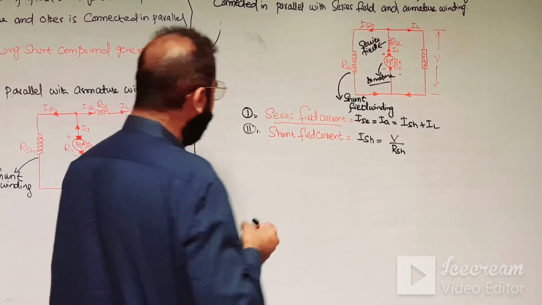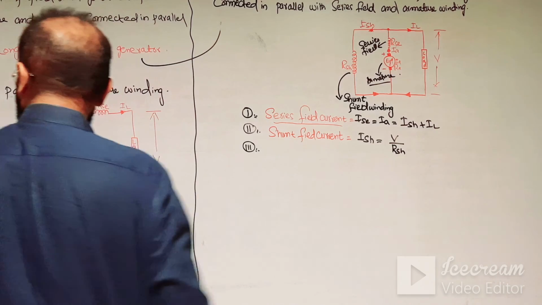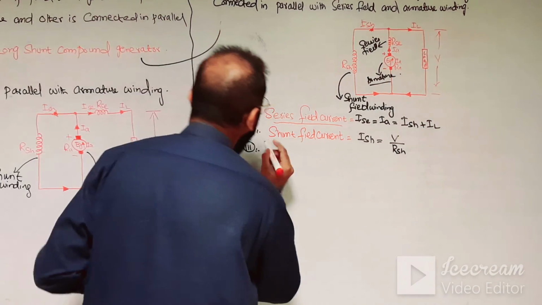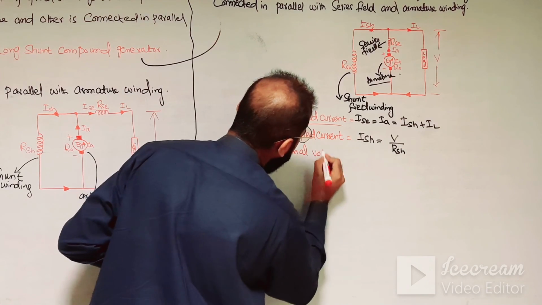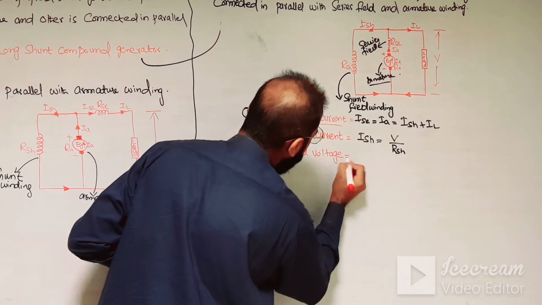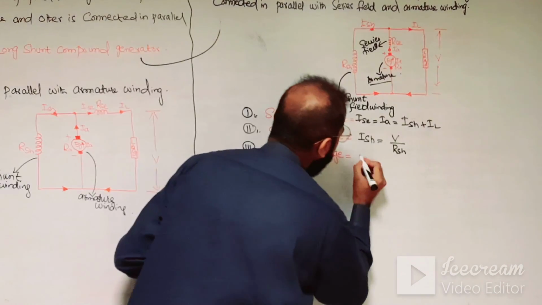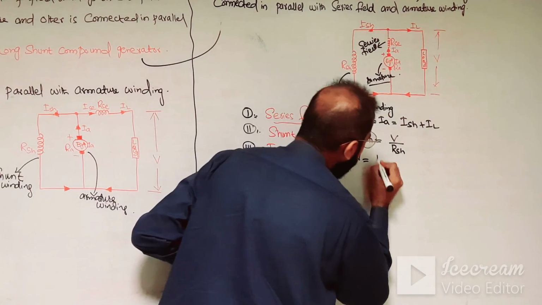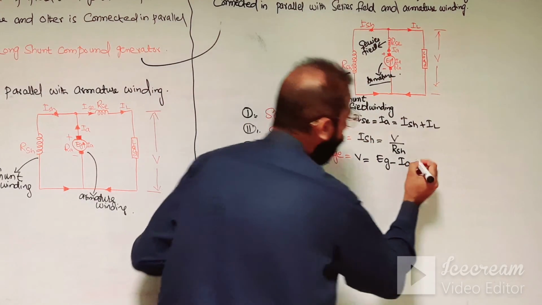Number third is the terminal voltage. Now terminal voltage in the case of the long shunt compound wound generator is V equal to Eg minus Ia, okay.